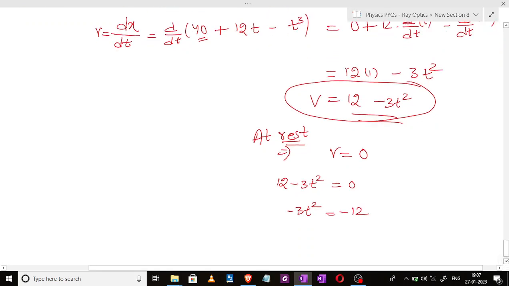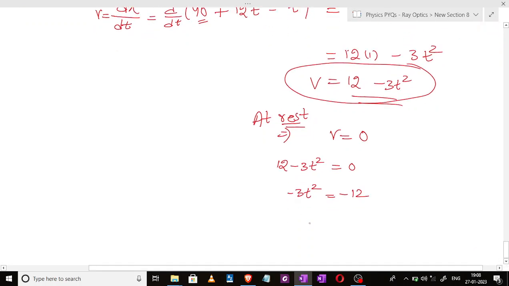Okay, t square is equal to minus 12 by minus 3. Minus minus cancel, 3 ones are 3, 3 fours are 12. So t square is equal to 4.